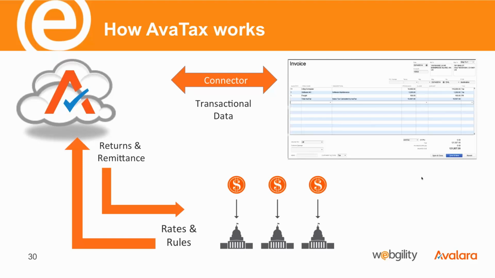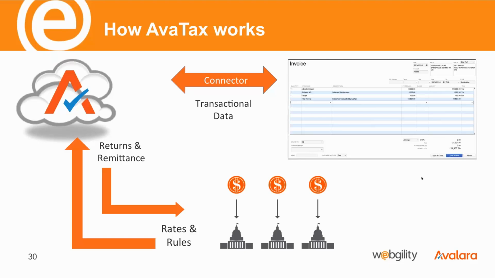We actually convert that address into a latitude and longitude to make sure that we're getting the exact taxing jurisdiction. So in that example earlier in Colorado, we know based on latitude and longitude exactly which house we're looking at and which jurisdictions it falls into. And then we also apply the correct taxability rules for that jurisdiction and return the sales tax back into the invoice. All of that gets done in under 0.4 of a second.